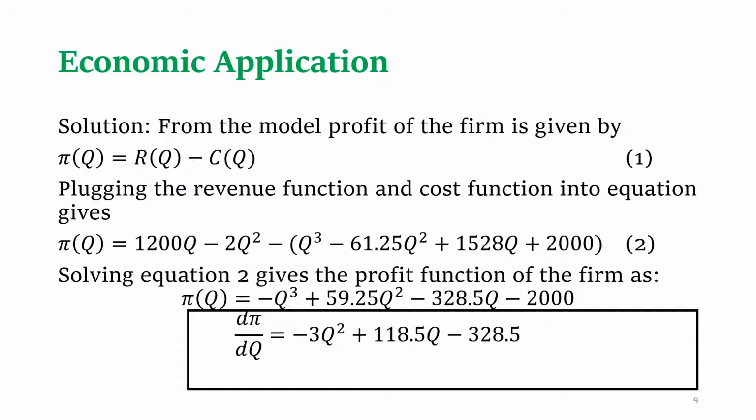And then we have 1200Q minus 1528Q, which becomes minus 328.5Q. And then minus our 2000, right?